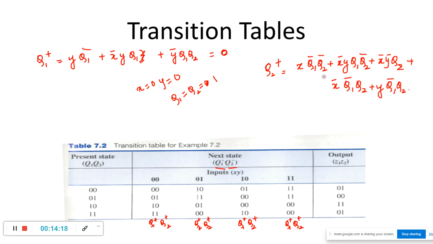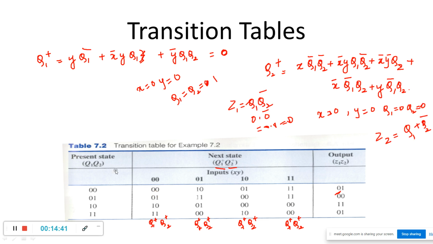So one of you unmute and tell me, if I substitute x equal to 0, y equal to 0, q1 equal to 0, q2 equal to 0, what is the answer? You should get 0. What is the answer you got? Tejas, can you tell me?